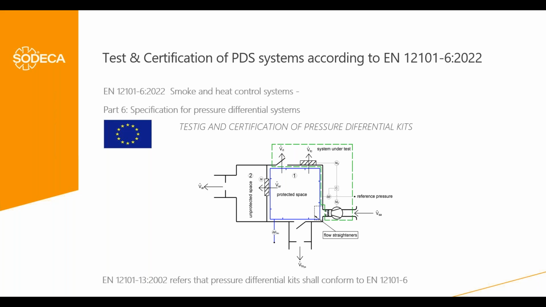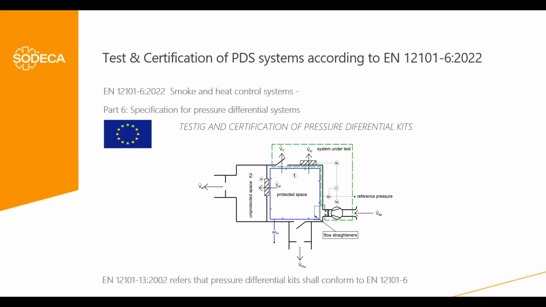But as the old part 6 also gave requirements for design, installation, commissioning, maintenance, etc., we said that in addition to the standard for testing the kits, we will need another standard for designing the systems. That is part 30. The new part 6, 2022, is the standard for testing and certification of pressure differential kits.